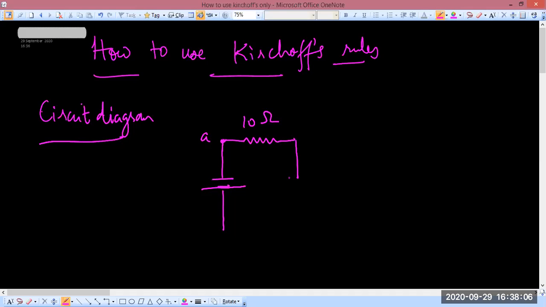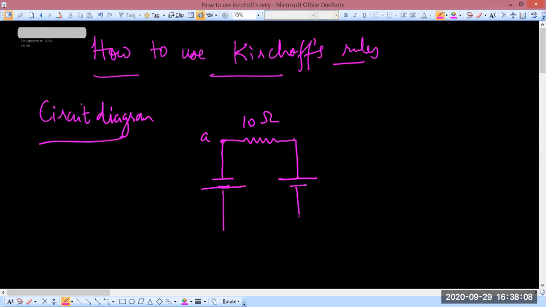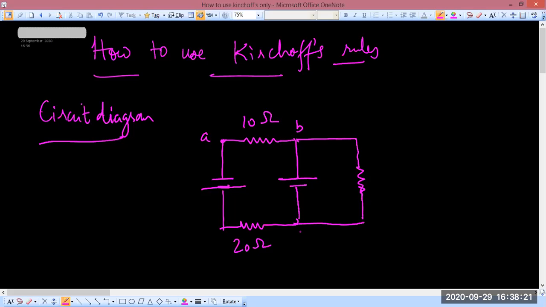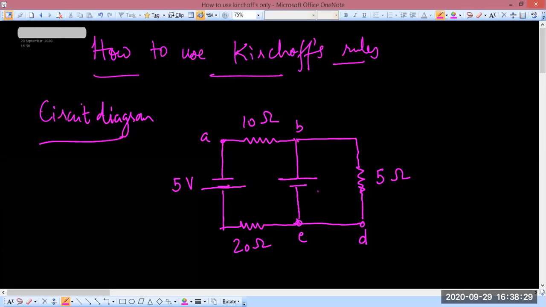So please be careful and do it exactly as I am doing. So this is what we have. Suppose this is a circuit.